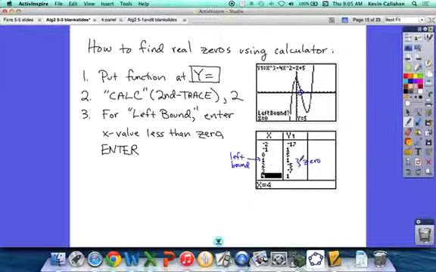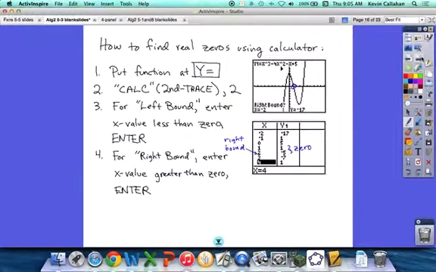Remember, you're starting all over again. Second, trace 2. For the left bound, put in 1. For the right bound, put in 2. And then guess. Just hit enter.